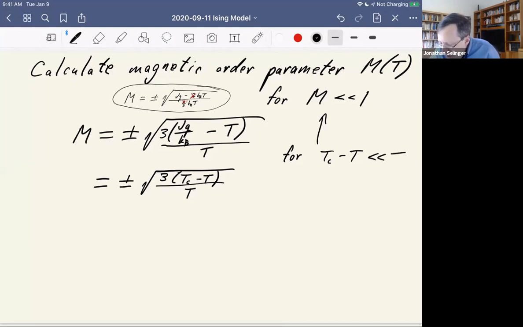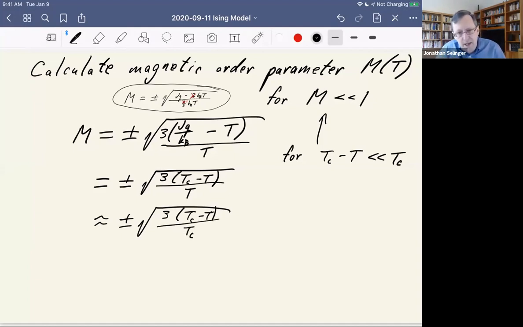How small? Well, much less than Tc. So then this quantity is that square root, or we could say it's approximately plus or minus 3 Tc minus T divided by Tc.